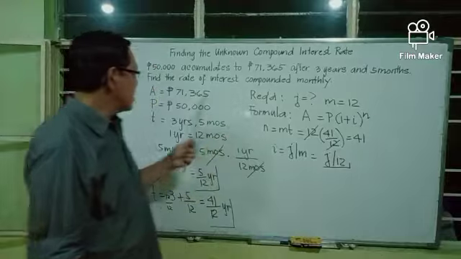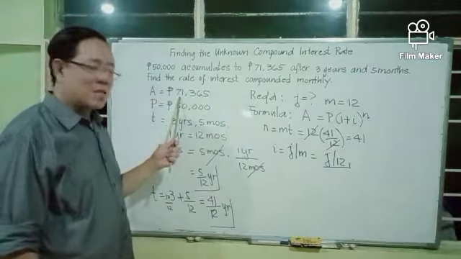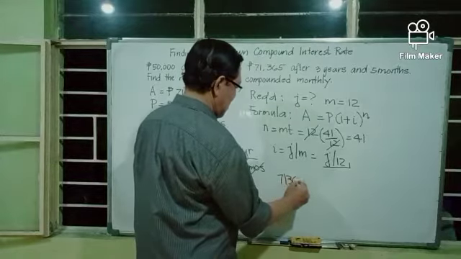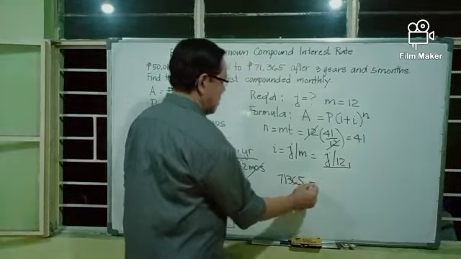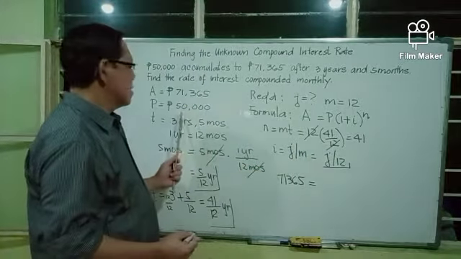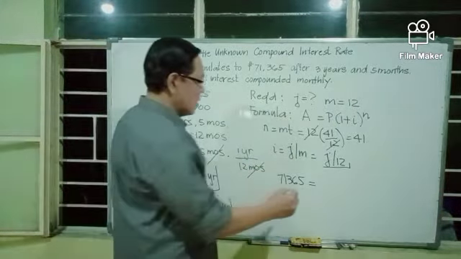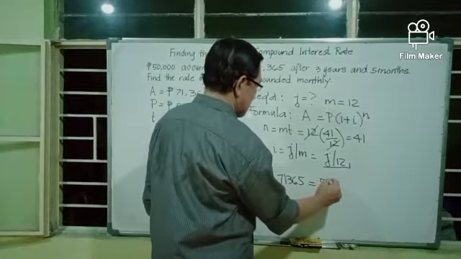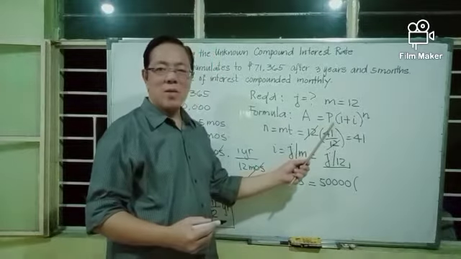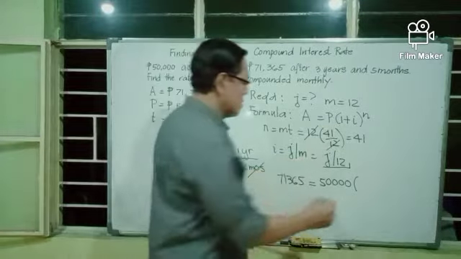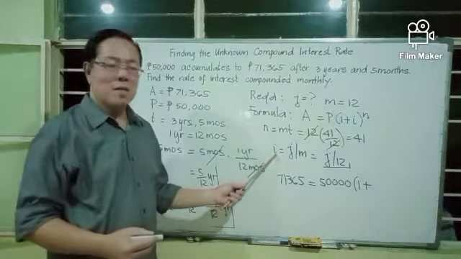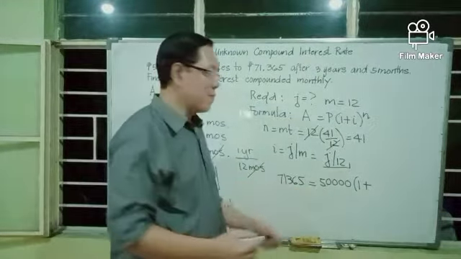The accumulated value 71,365 is equal to P, the principal, which is 50,000 pesos, multiplied by quantity 1 plus i, where i is j divided by 12.